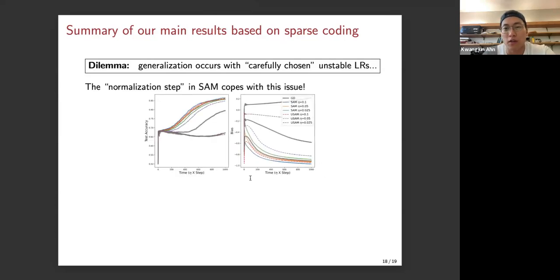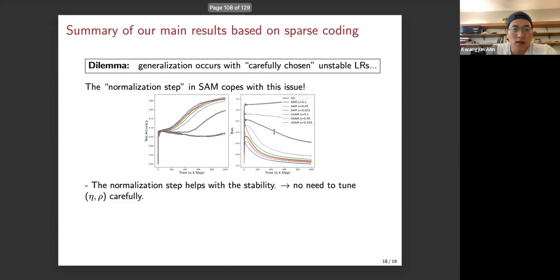Recall the plot again. When you see USAM, you also see the dilemma where you have to tune the step size carefully to get better generalization. On the other hand, with SAM and the normalization step, without carefully choosing the step size, we always see better generalization and negative bias, hence edge detector.